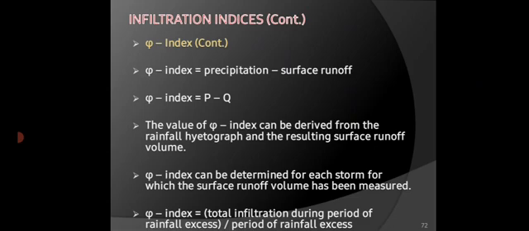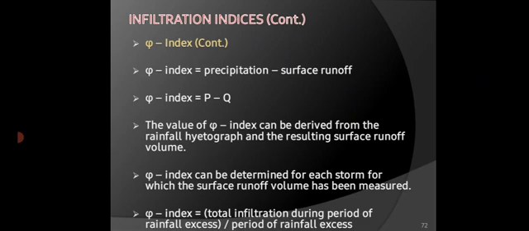So always when runoff occurs, it is after infiltration, when your soil gets fully saturated. After that, runoff occurs. So that period after infiltration becomes almost zero and runoff starts.